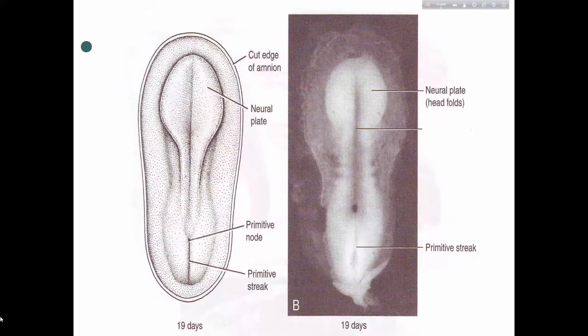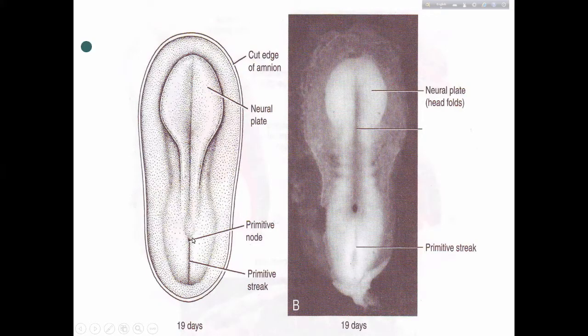Let me show you a figure. Here, underneath, the notochord is forming. I cannot show you inside here. And over there is the endoderm and yolk sac cavity. And here lies our ectoderm. So when the notochord is developing underneath, the overlying ectoderm thickens, becomes slipper-like, and we call it the neural plate.